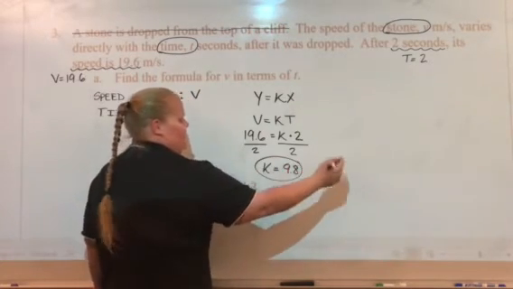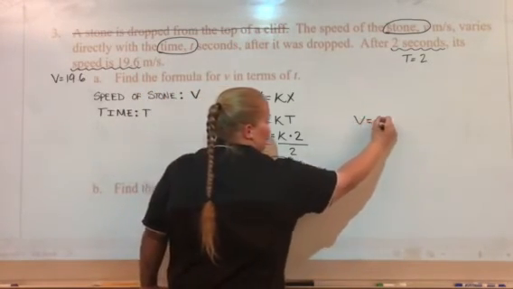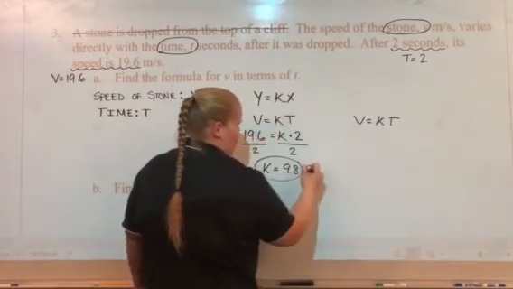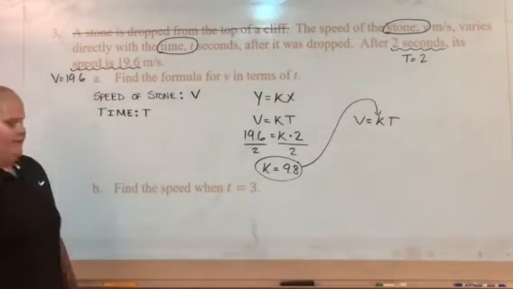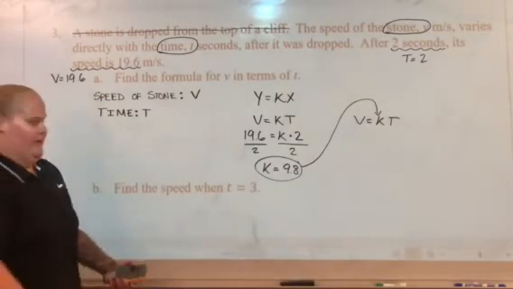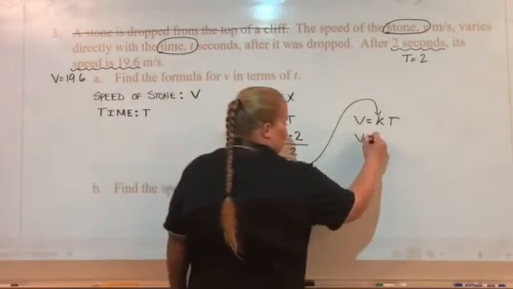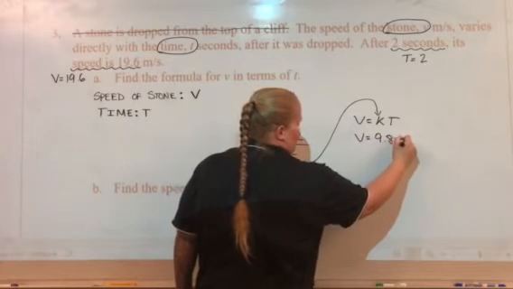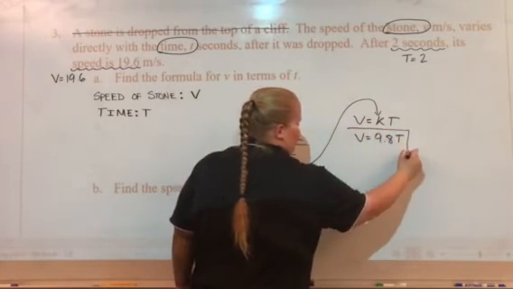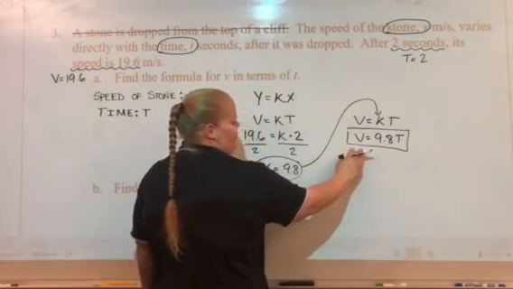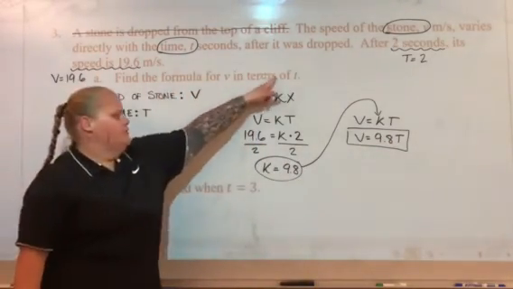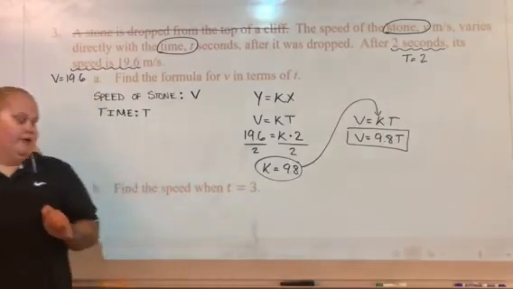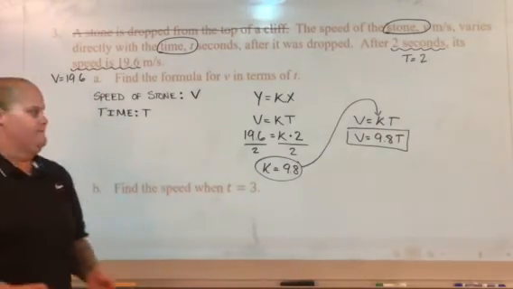Now that I know that, I'm going to rewrite that formula that I had, and I'm going to plug in the value of 9.8 for k. I get v equals 9.8 times t. This is a formula for v in terms of t, which is what we were asked to do. Okay, that's the formula for v in terms of t.